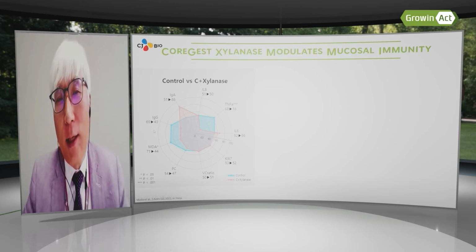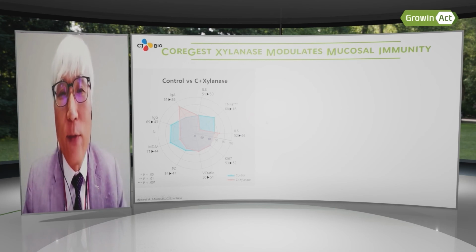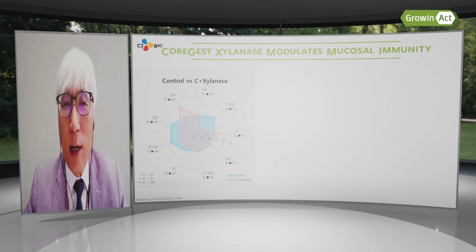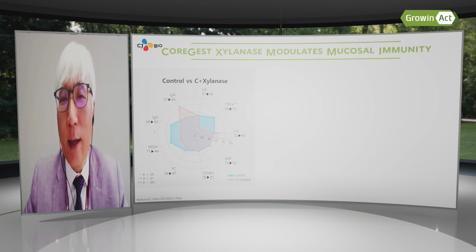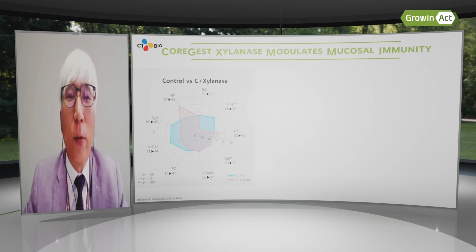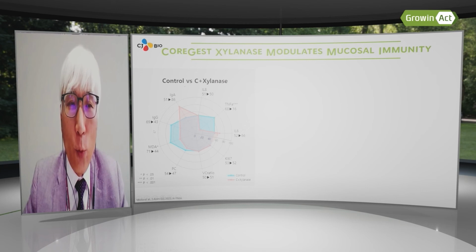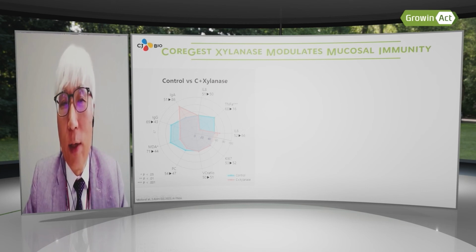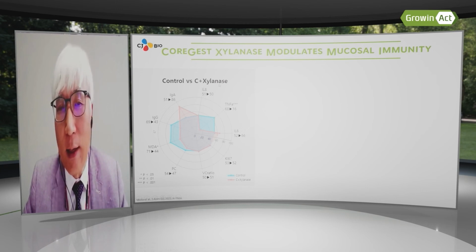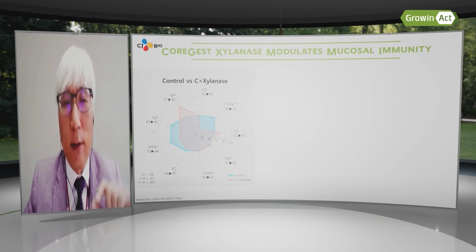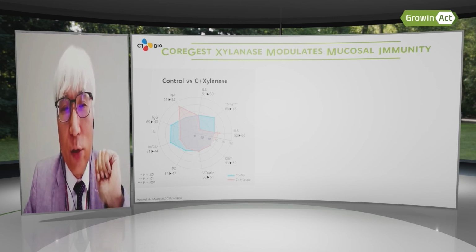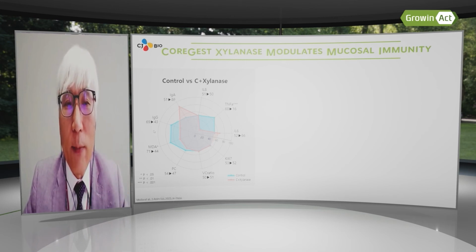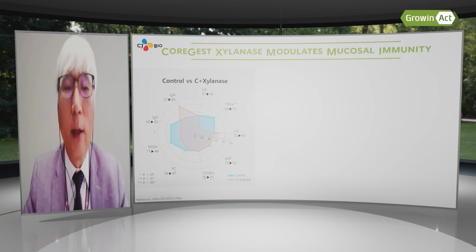We conducted one study at North Carolina State University in the US using our COREGEST XYLANASE in weaner pigs. We basically fed a control diet and a control diet with COREGEST XYLANASE. Then we collected jejunum tissue samples and measured immune parameters and antioxidant parameters.